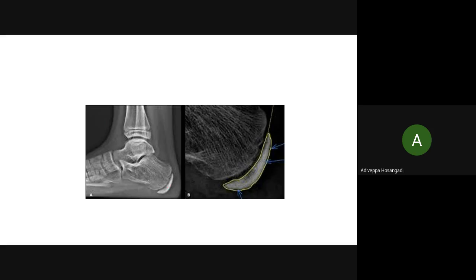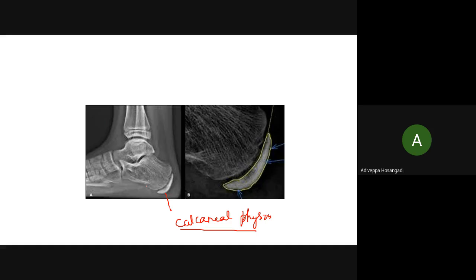So always you see if there is a radiodense physis, if there is a radiodense epiphysis, you should suspect it is osteochondritis. Okay, if there is radiodense or if it is fragmented, and you can name it depending upon the site it is affected. So calcaneal epiphysis going for avascular necrosis is Sever's disease.